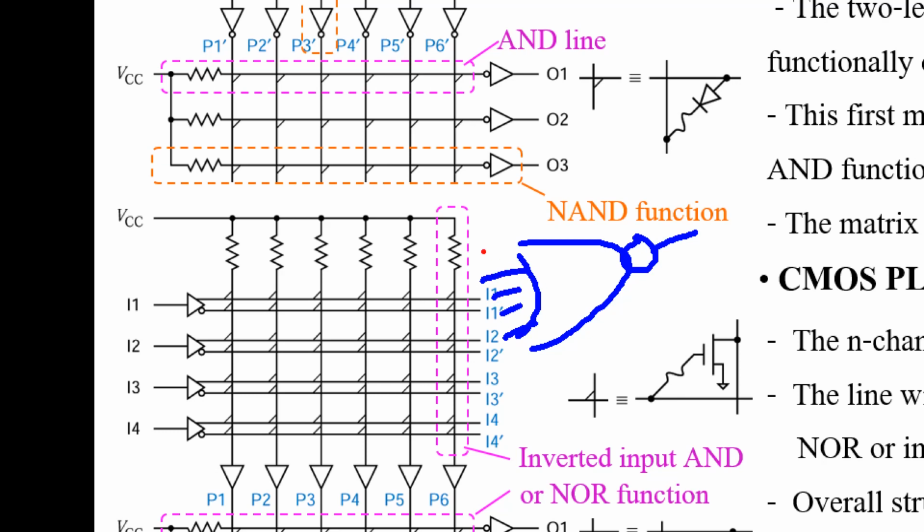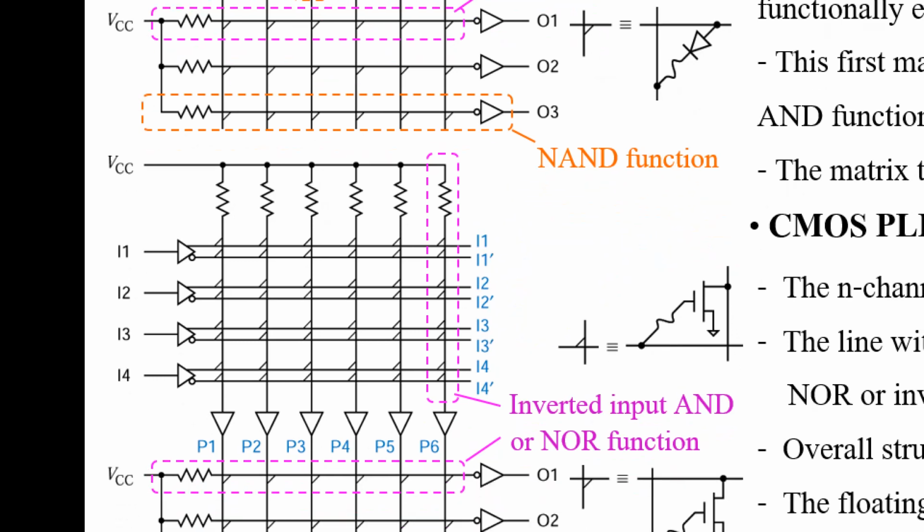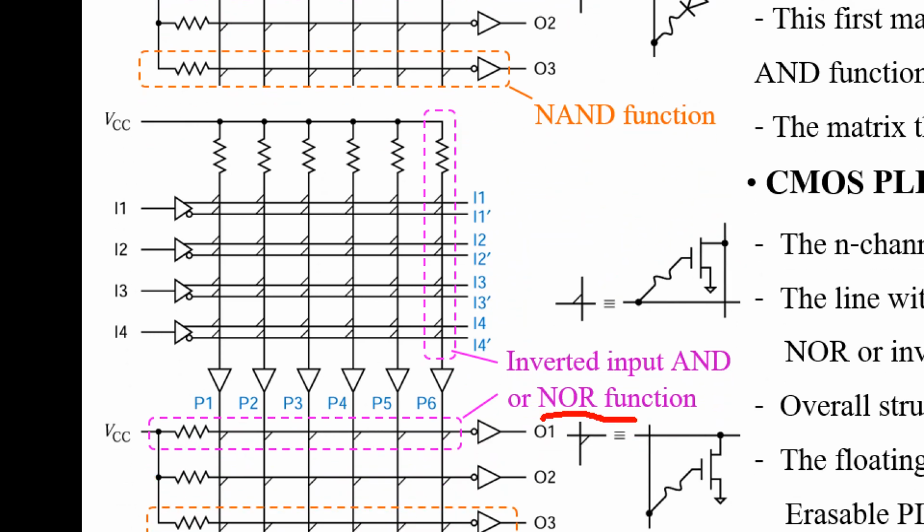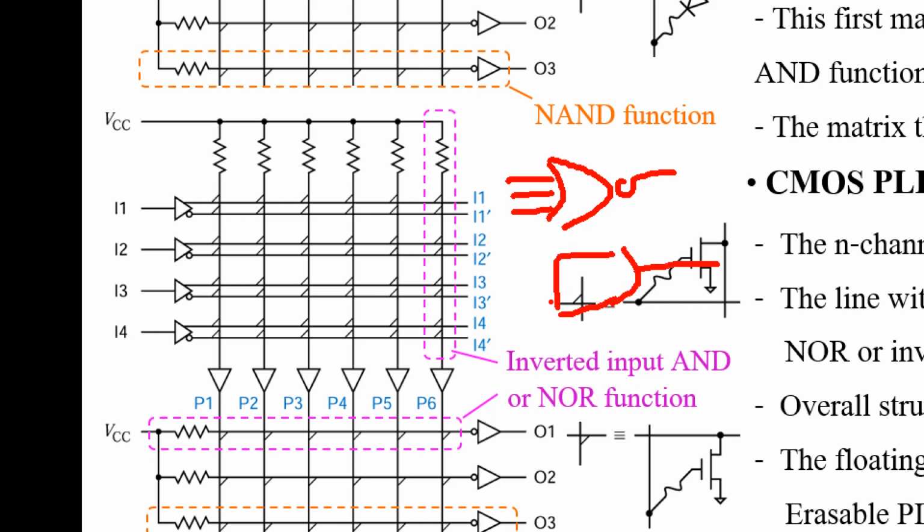Because if one of these is 1, output will be 0. This is the NOR function. NOR function you can also treat as an inverted-input AND. Namely, this one and this one are the same function.